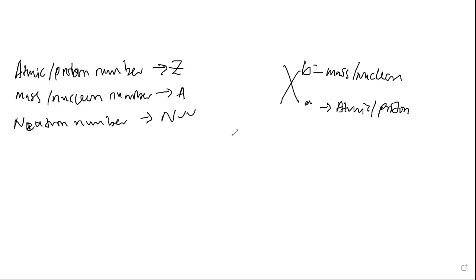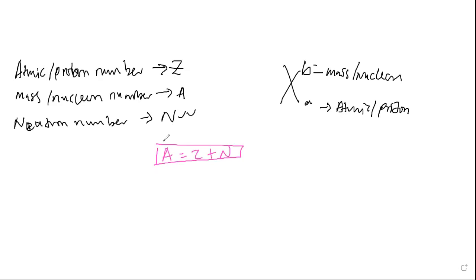This now takes us to a most important formula that we're going to be using throughout. We're going to say A is equal to Z plus N. This formula will be very important throughout our calculations under this particular topic.